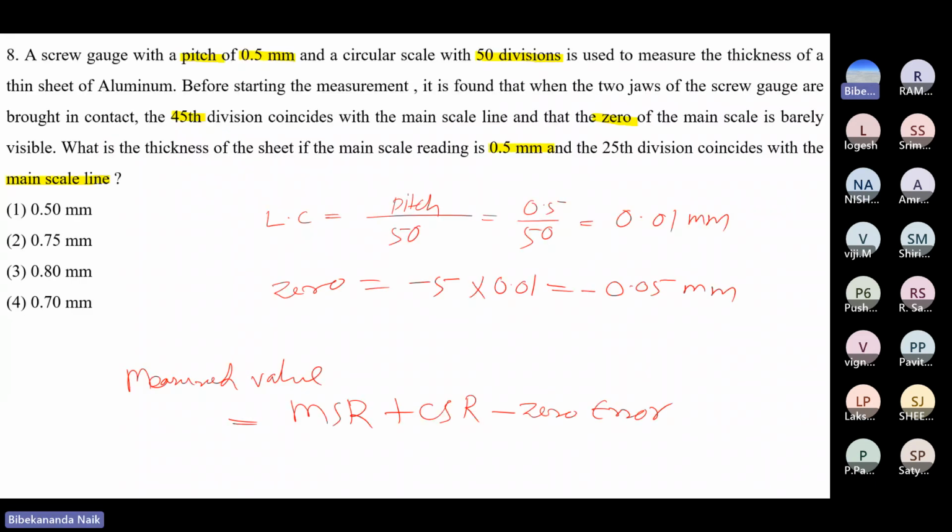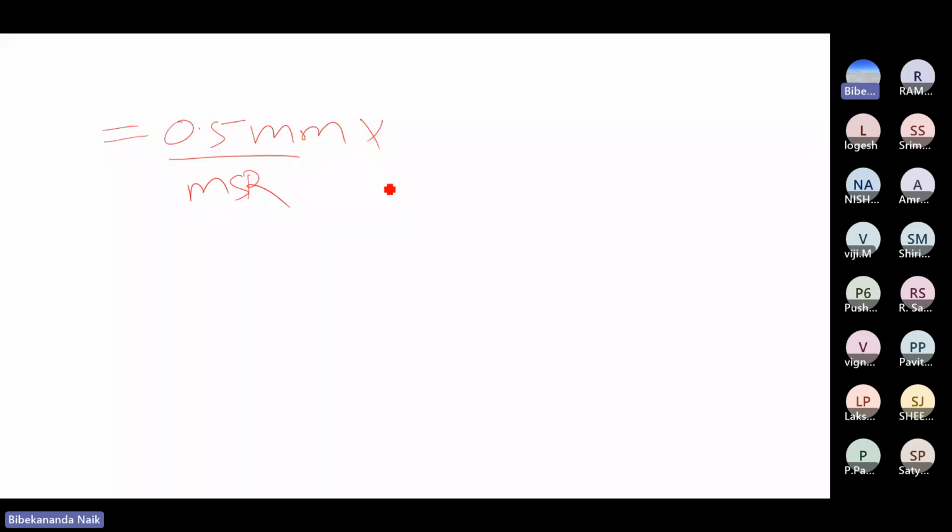The main scale is 0.5 mm, so the value will be 0.5 mm for main scale reading. And for circular scale reading, it is given the 25th division coincides with the main scale. So for circular scale, it will be 25 into least count, minus the 0 error that is present in the device.